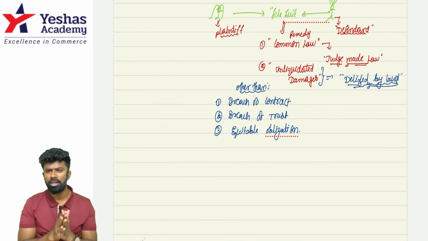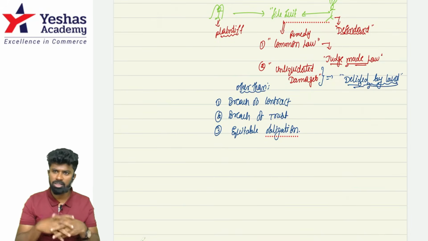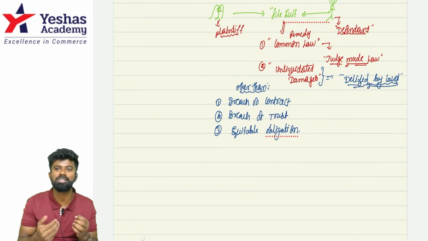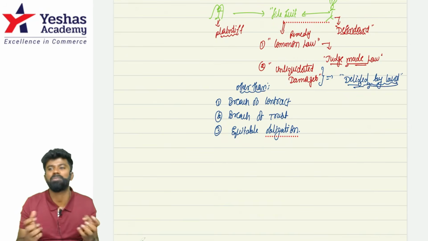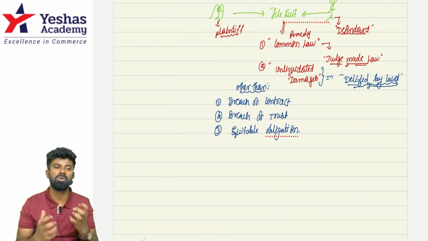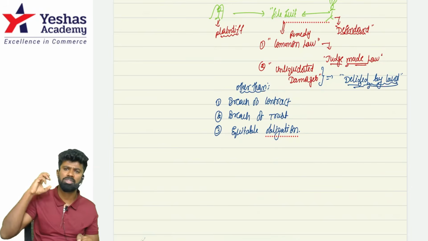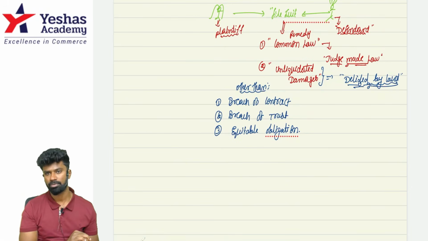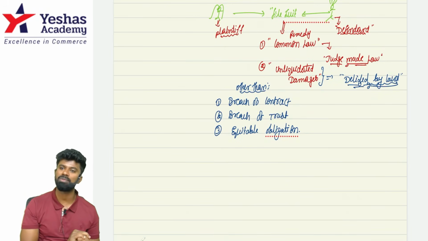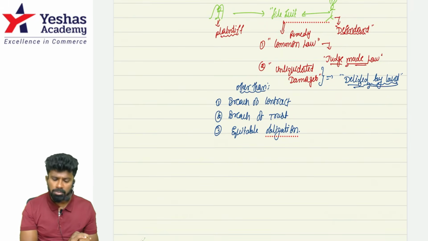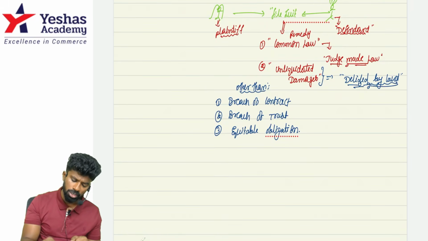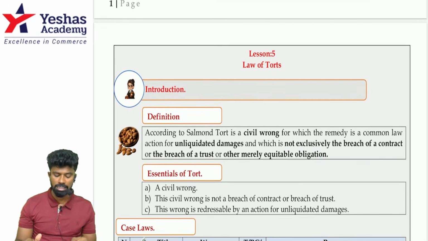It is not codified by the legislatures. It is based on the precedents of the court. What is a precedent? A set pattern which is set by the court. This is the definition given by Salmond, one of the important jurists in our legal system.